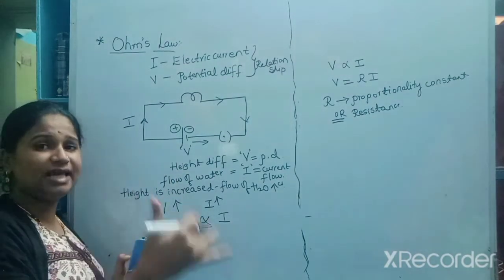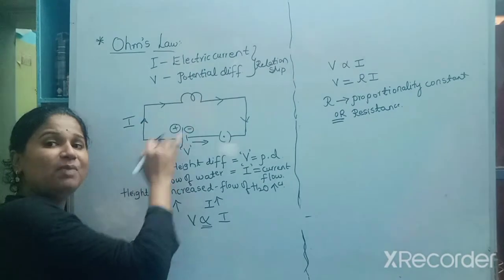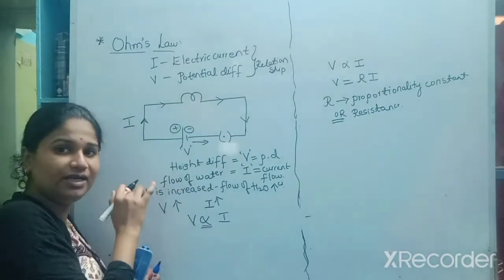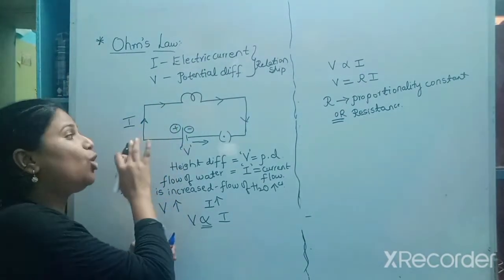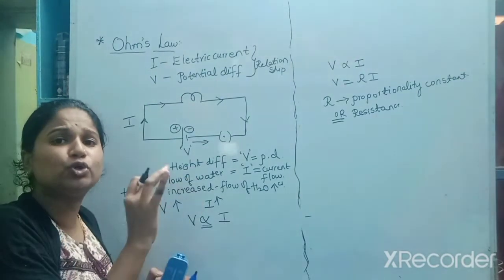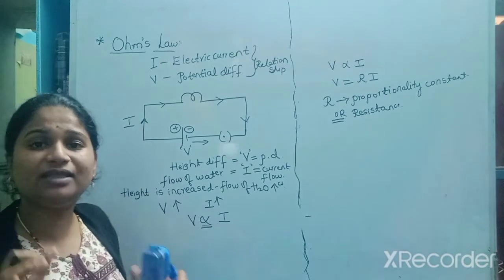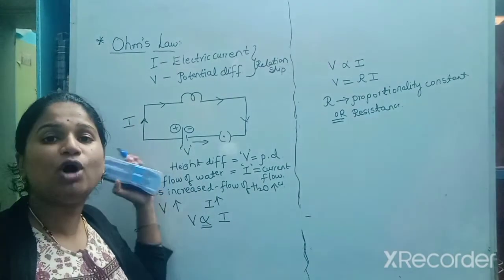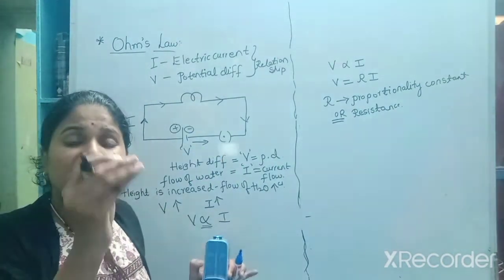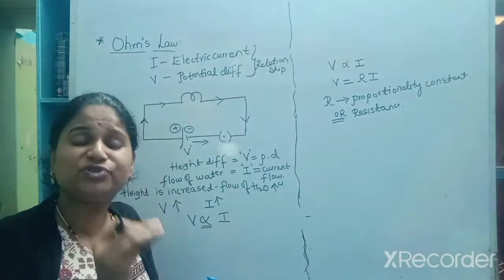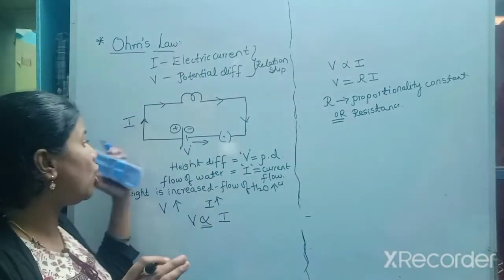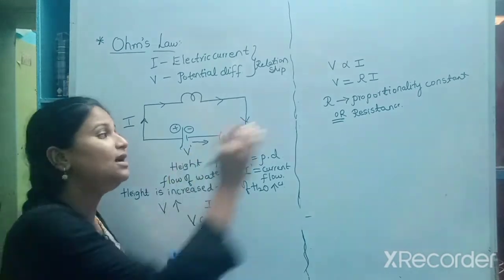But the flow of current in a circuit is not so easy. It is not so smooth. Many obstructions or disturbances will be there inside the circuit for the flow of current. That disturbance, that obstruction inside the circuit for the flow of current is called resistance.